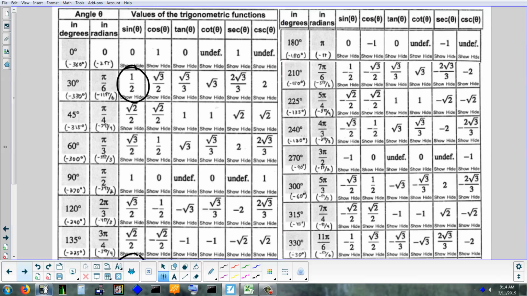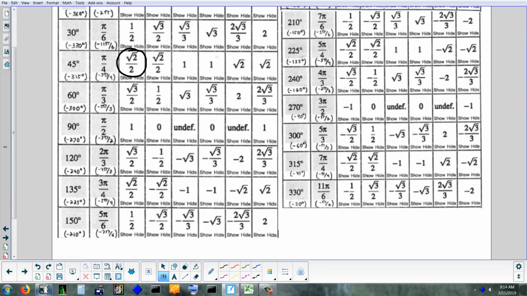Okay, so let's see. Anybody tell me where that one pops up? 45. Yep, it pops up under 45. Anywhere else? 135. And that's it. You'll only see it pop up in those two spots. You might see -√2/2 somewhere else, but not √2/2.